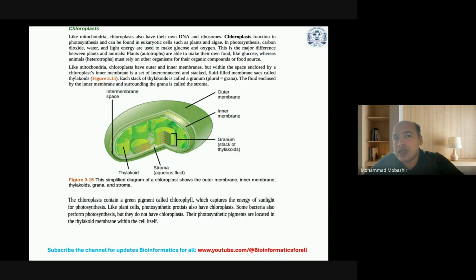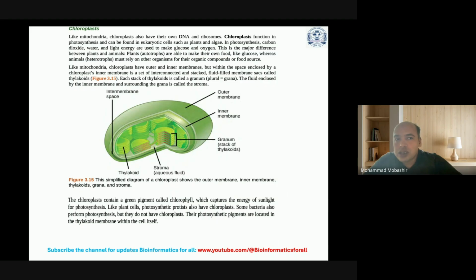In photosynthesis, which we will discuss in detail later, CO2, carbon dioxide, water, and light energy are used to make glucose and oxygen. This is the major difference between plants and animals: plants are able to make their own food, like glucose, whereas animals must rely on other organisms for their organic compounds or food source.